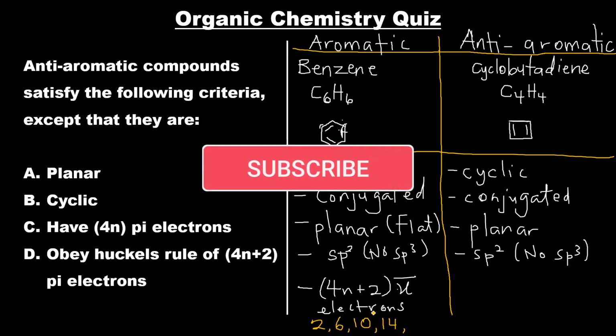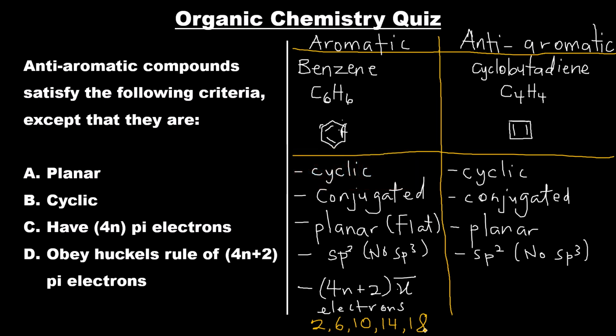If n is 4, 4 times 4, 16, plus 2, 18. So if the molecule has either 2, 6, 10, 14 or 18 pi electrons, that means it follows this rule and that makes it an aromatic hydrocarbon.